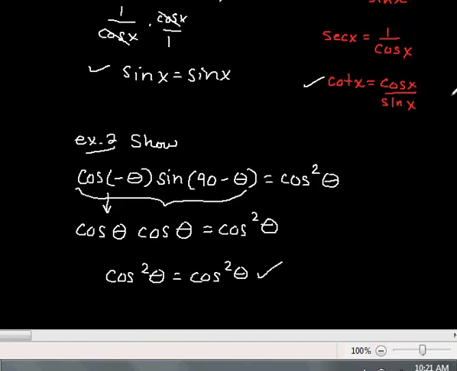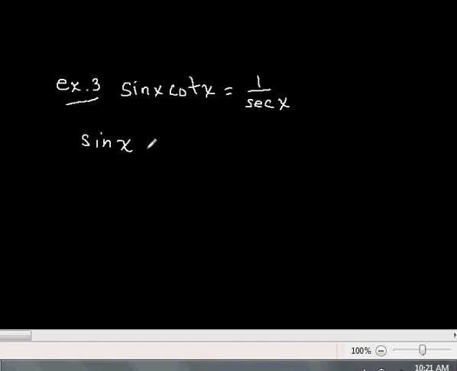Cotangent x equals cosine x over sine x. Okay, and the sine x will cross out. So now we have cosine x, and we know that cosine x is the same as 1 over secant x.